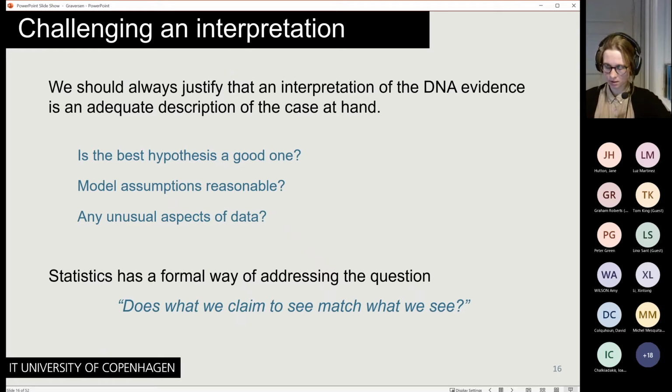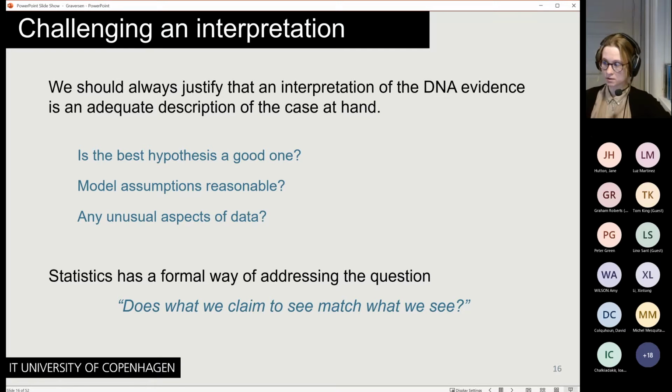For instance, I think there's a lot of focus on validating software and methods upfront, but not so much on making sure that the propositions we evaluate with the software are sound.